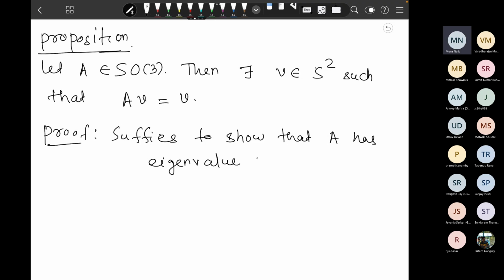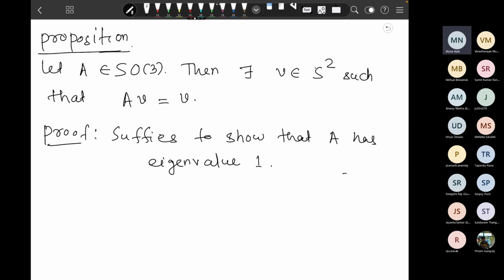This is because if you get a non-zero vector v in R3 with Av equal to v, then you can scale it to get a unit vector in S2.